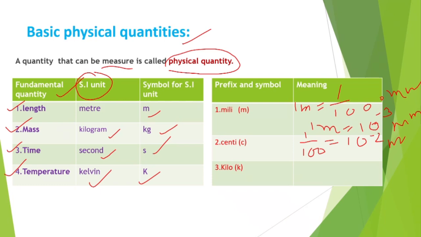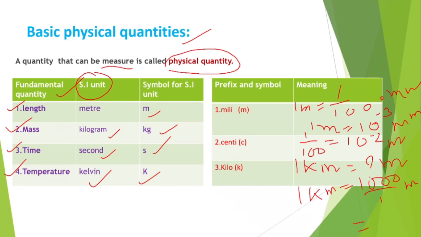Now 1 kilo. We will take an example, 1 kilometer. Turn it into meters. So how much is it? 1 kilometer is equal to 1000 meters, right?